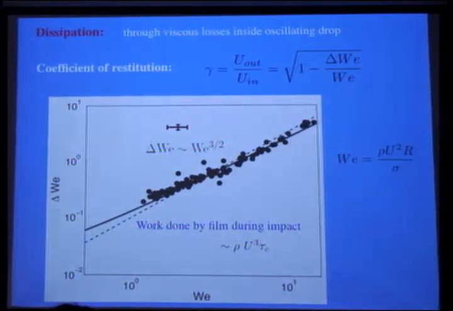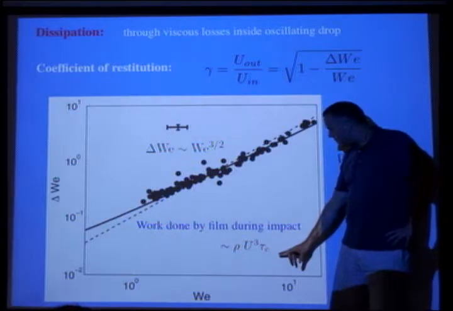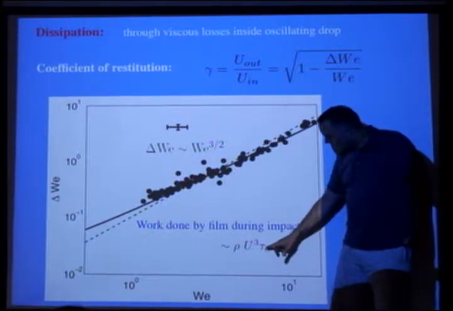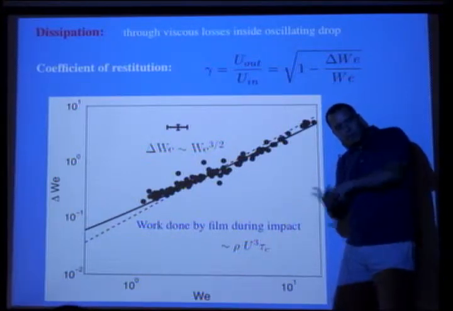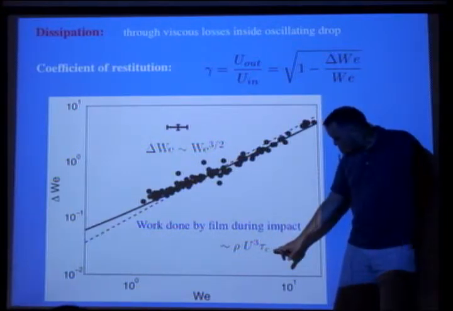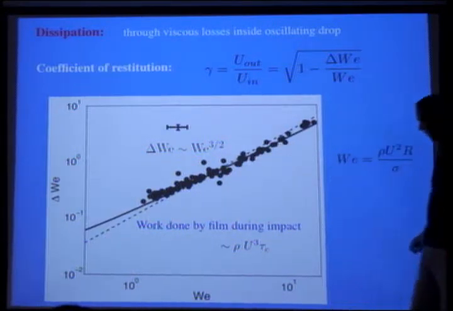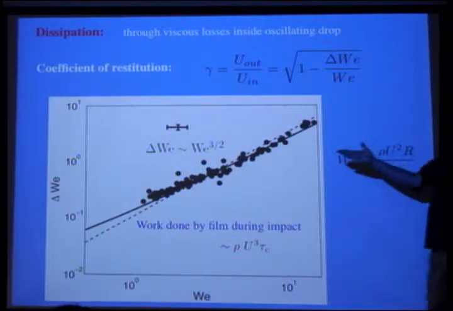And you can rationalize this scaling if you consider that the work done by the film during impact is going to be rho u squared, that's the characteristic pressure. Then you have a speed times a time, which gives you a length. So it's basically a force over a given length. So this is the work done, and that's where the 3 halves comes from. Okay, so this is just empirical.